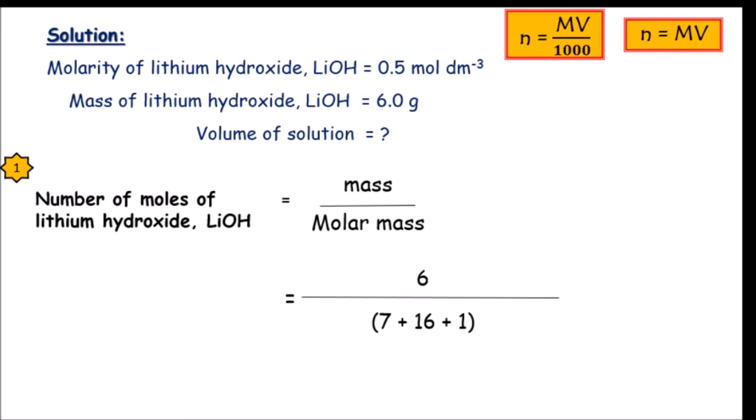So try to calculate it. What is the number of moles of lithium hydroxide? Okay, very good. The number of moles of the lithium hydroxide is equal to 0.25 mole.